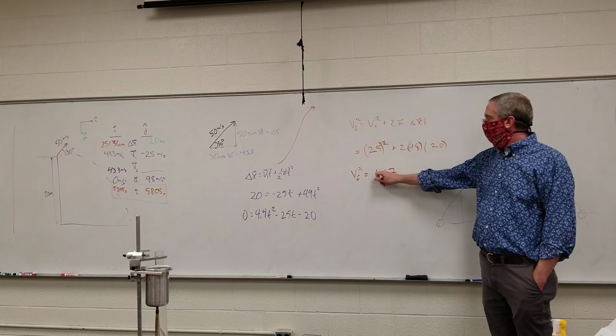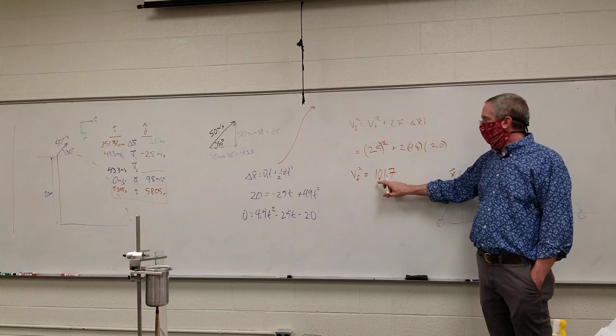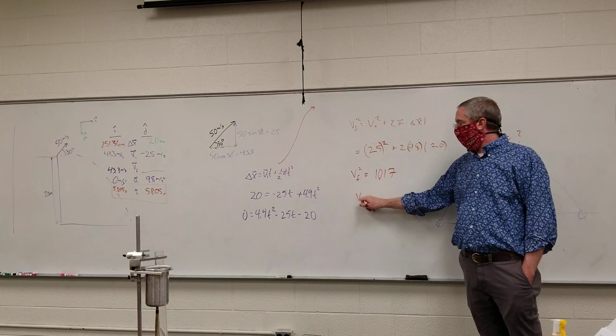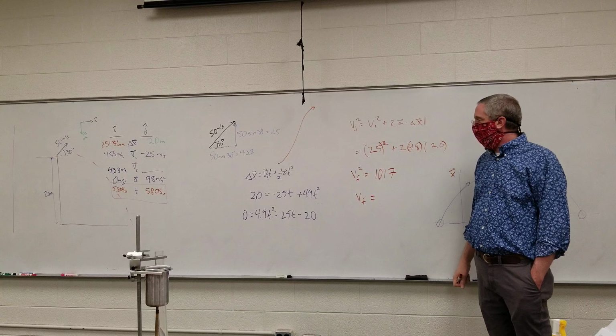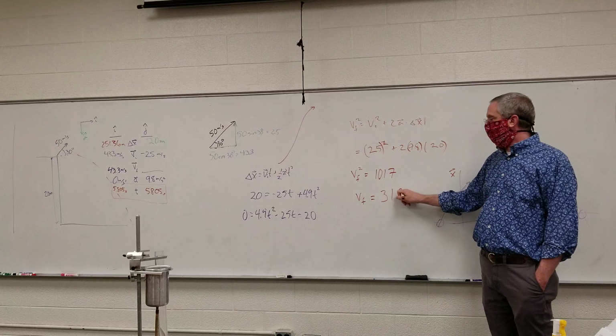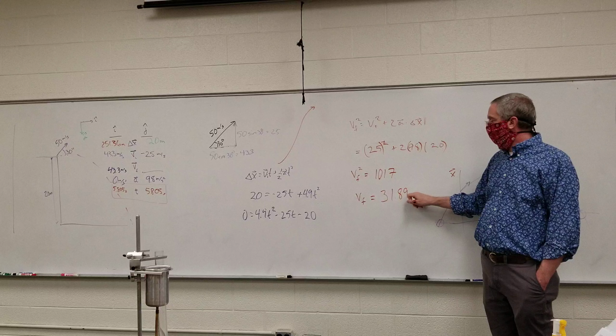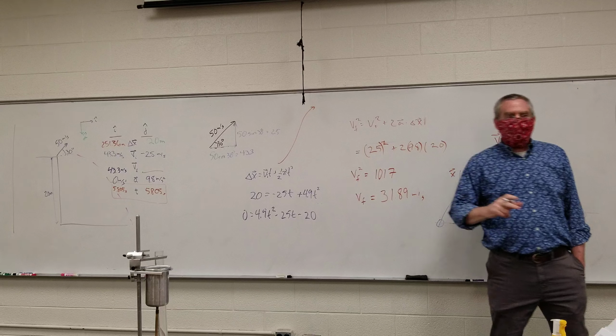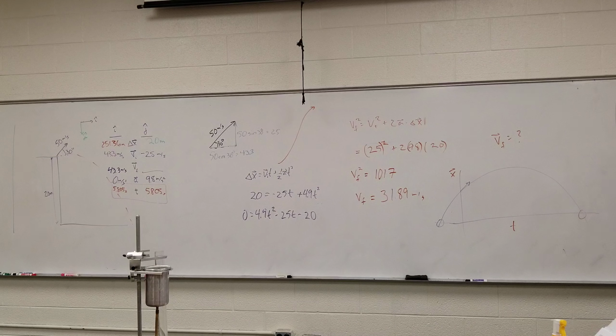So that's VF squared, so VF is 31.89. That is my vertical speed right before it hits the ground.